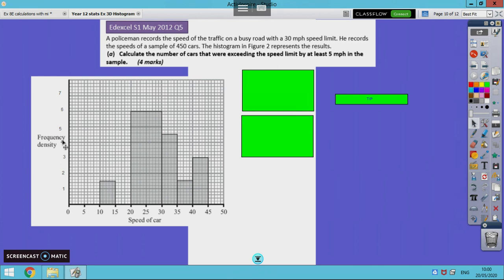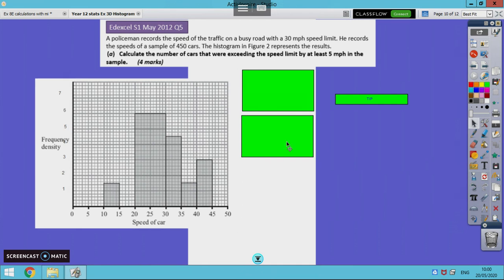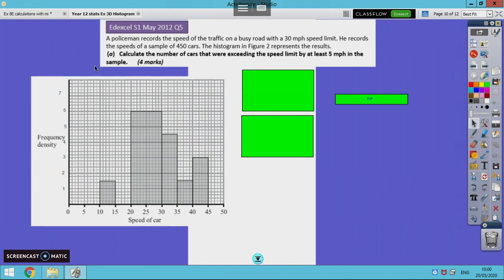And 4 should go there, 5 should go there, 6 is pretty much bang on, and 7 will go there. So 7 goes there. Lovely. So we've chosen our scale up the left. We can choose that and then just find the scaling afterwards.